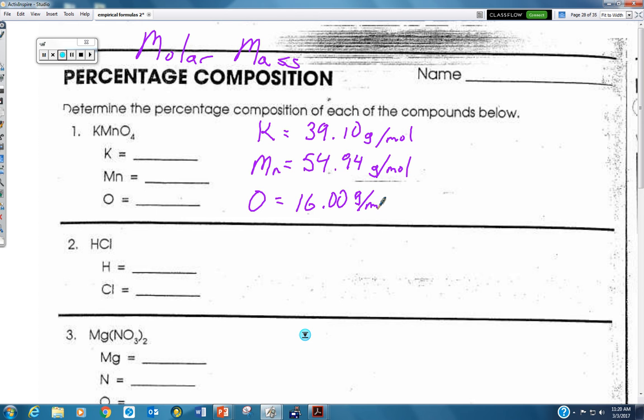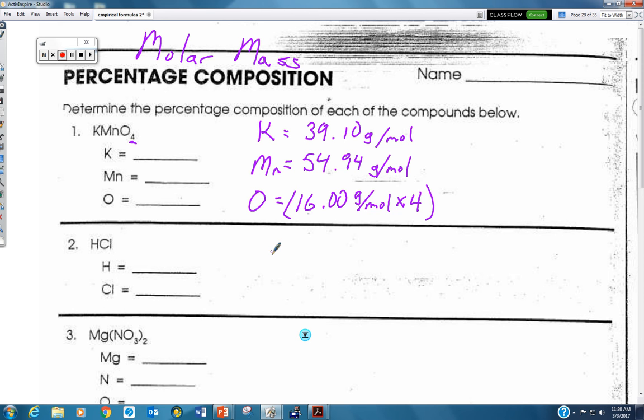Now, looking at the chemical formula, we also see that we don't just have one oxygen, but we have 4. So in order to get our total mass of oxygen, we need to multiply this entire unit by 4. And that will give us our grams of each.